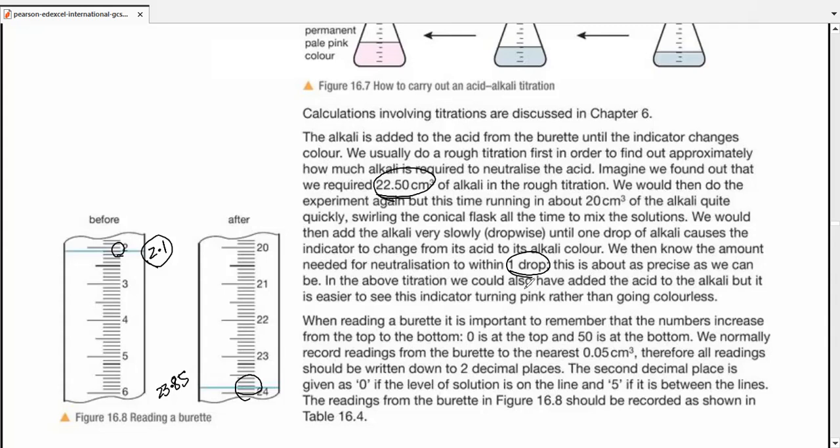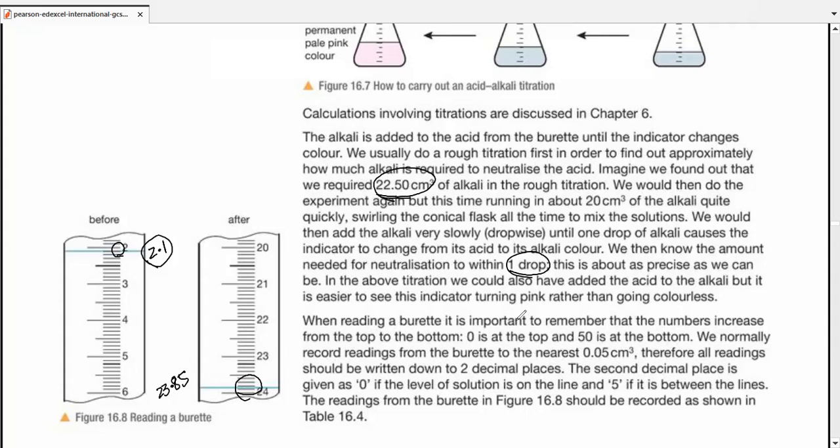But if you're using a different indicator, you can switch the places of acid and alkalis. You can take the acid in the burette and the alkali in the flask for another experiment. That's completely all right. It totally depends upon you which one you're going to know and which one you're going to find out.